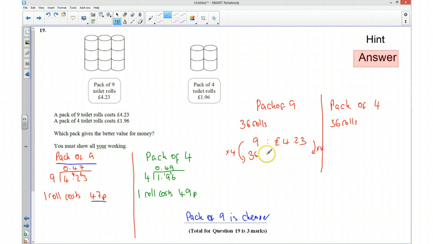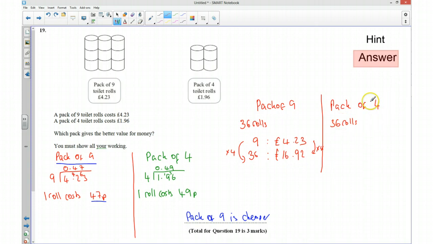So I'm going to do £4.23 times by 4. I'm not going to go through the full working of this, but that works out to be £16. 4 4s are 16. That's going to be 80, so that's going to be £16.92.